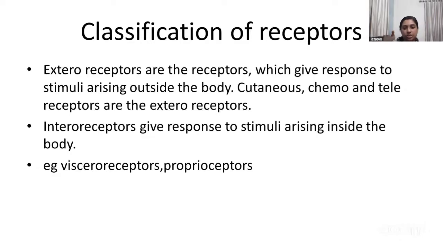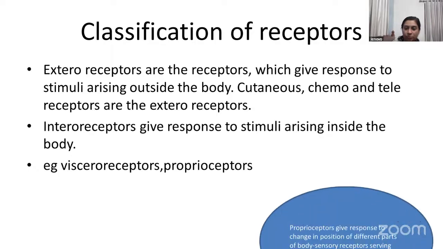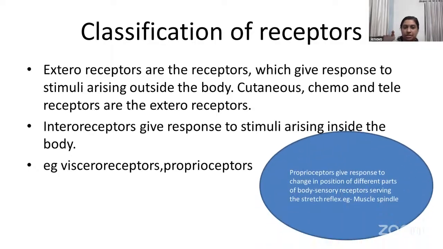Examples of these are cutaneous receptors, chemoreceptors, and telereceptors. Whereas interoreceptors respond to stimuli arising inside the body, for example, visceroreceptors and proprioceptors. Proprioceptors relate to proprioception, that is, the change in position of the body, usually concerned with the limbs. So the change in position is what we call proprioception.